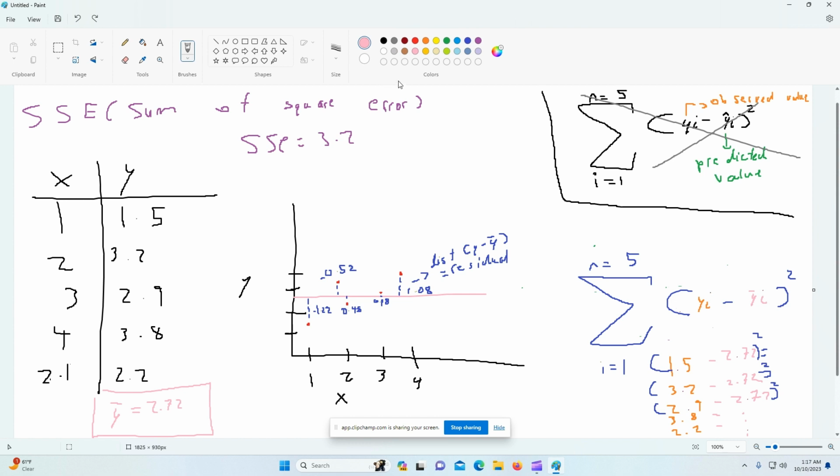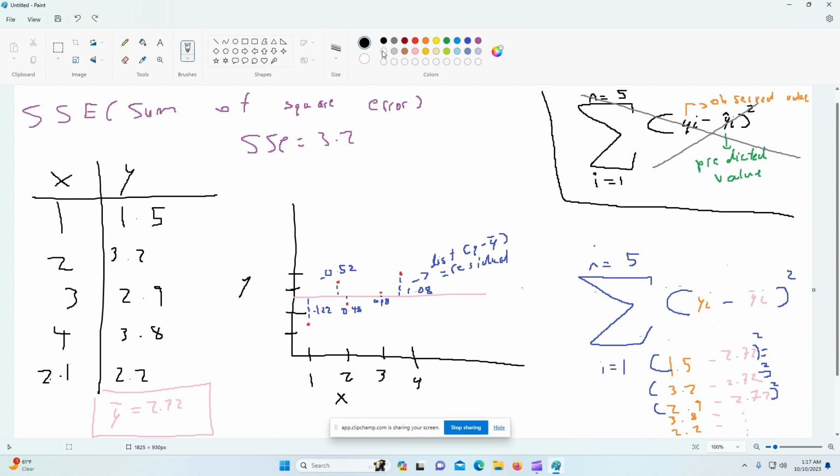So this is how we find the original SSE, right? And let me just remove this so it doesn't get confusing. So this is how we find our original SSE when we don't have a linear regression and we want to get an idea of what it is. So we get the mean of our y values, we plot it, we get the residual or error of each point, which is the observed value minus the mean, and then we square every single one of those and add them all up together, and we get our SSE.